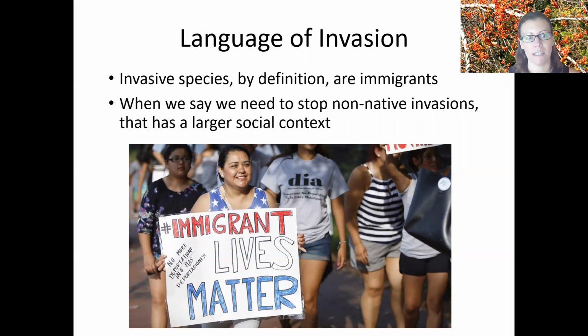So the idea that we need to keep some people, those people, out of our pristine habitat, pristine natural areas, when we think about who those people are, they are often immigrants, they are often people of color, they are often marginalized people. And so that's what I mean talking about a racist history and environmental conservation.